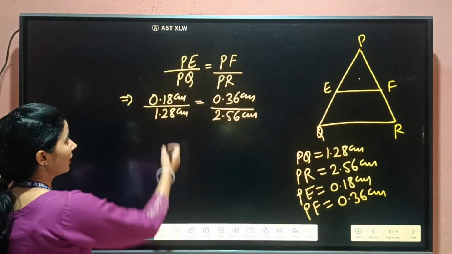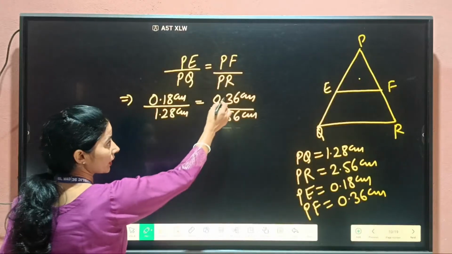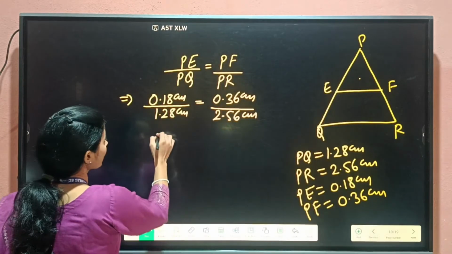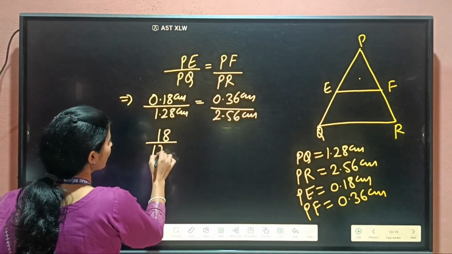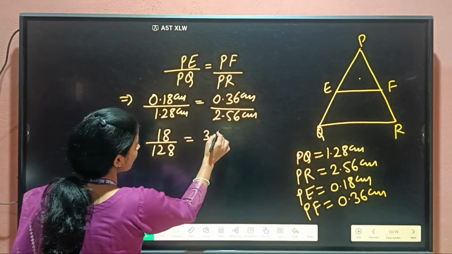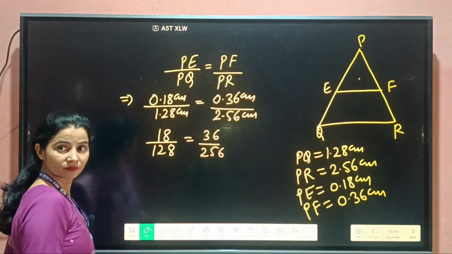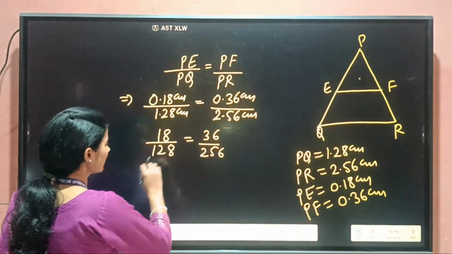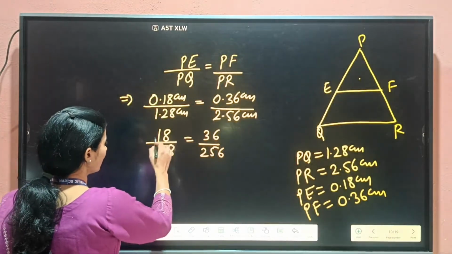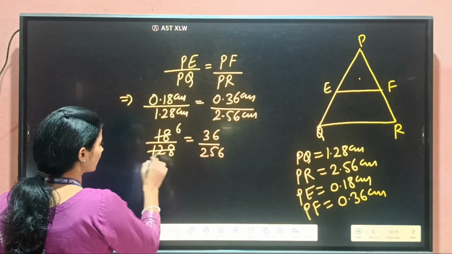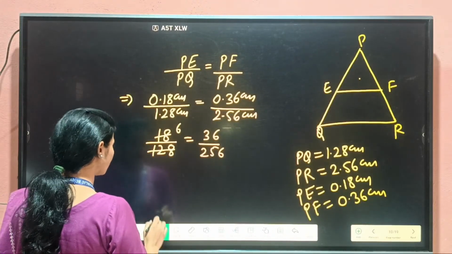Now see, the decimals will be removed and centimeter to centimeter cancel. Now you can write 18 by 128 equals 36 by 256. Let us cancel with 3. 3 6s are 18. This is not canceled with the 3.